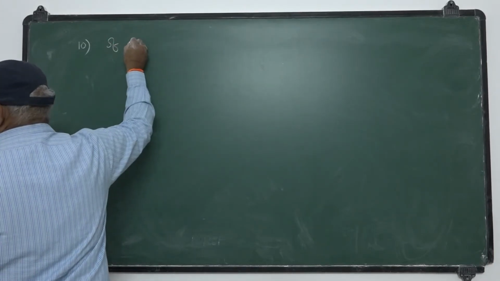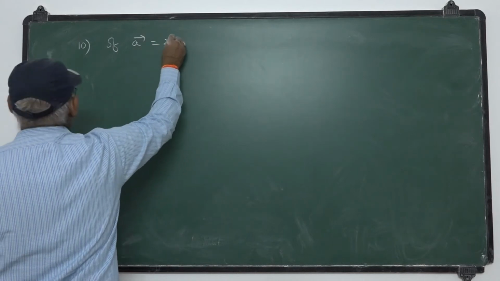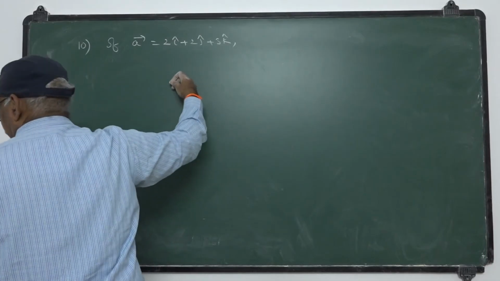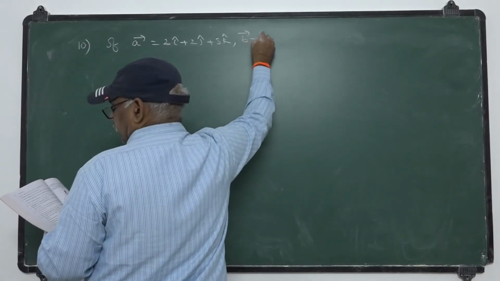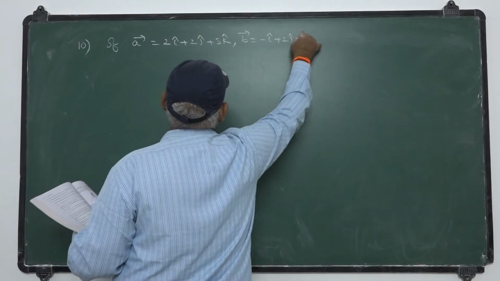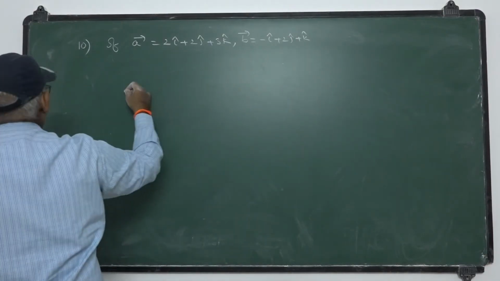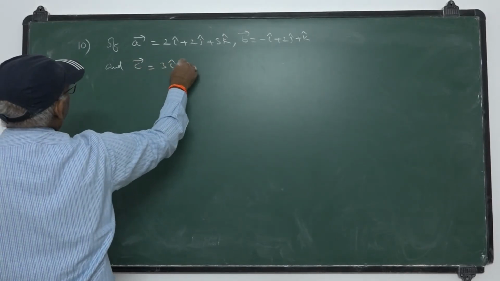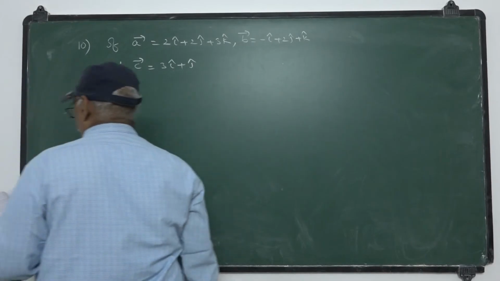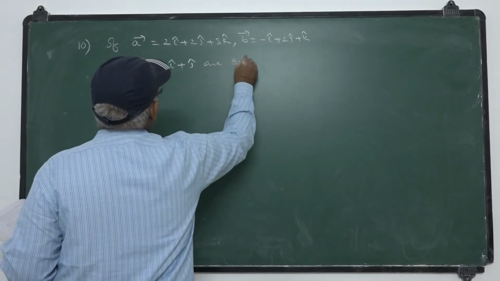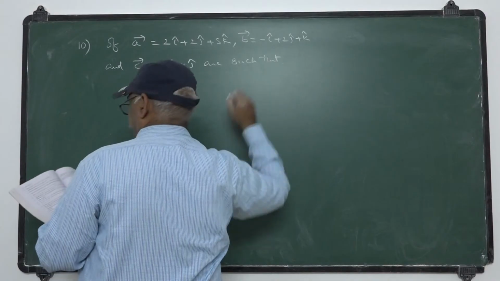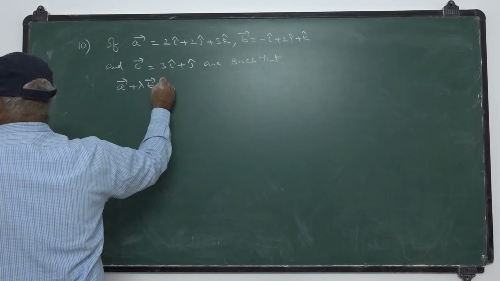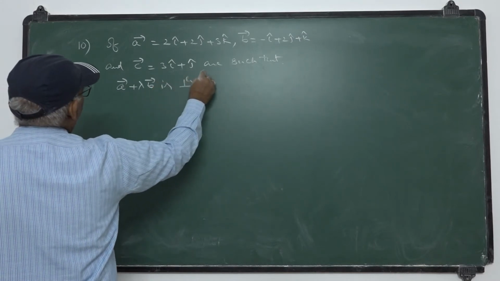In the tenth problem, a bar is given as 2i plus 2j plus 3k, b bar is given as minus i plus 2j plus k, and c bar is given as 3i plus j, such that a bar plus lambda b bar is perpendicular to c bar.